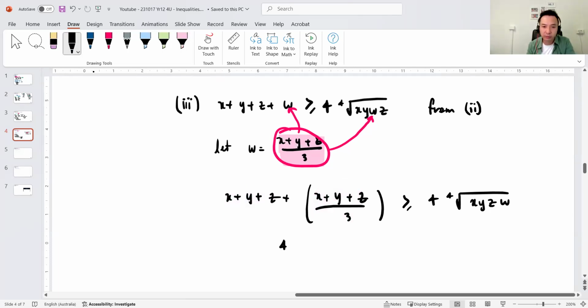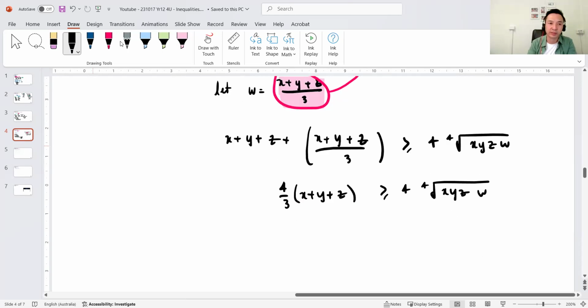So 4 on 3, x plus y plus z greater than 4 times the fourth root of x, y, z, w. Now, you guys okay that the 4's cancel out? Yeah, 4's cancel out, and what you realize is that x plus y plus z on 3, that's w, right?